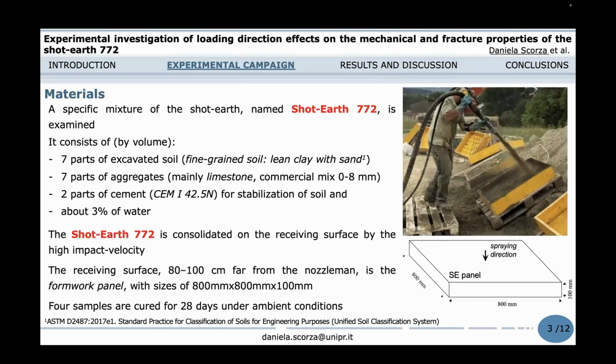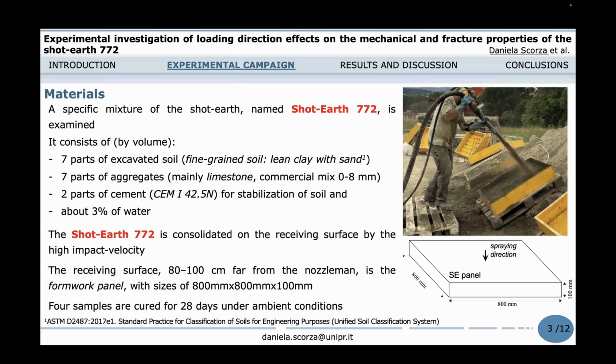In the following, a specific mixture of the shoe earth, named shoe earth 772, is examined, and it consists of, by volume, 7 parts of soil, 7 parts of aggregates, 2 parts of cement, and about 3% of water. The soil is an excavated soil that, according to the ASTM standard, is classified as a lean clay with sand.